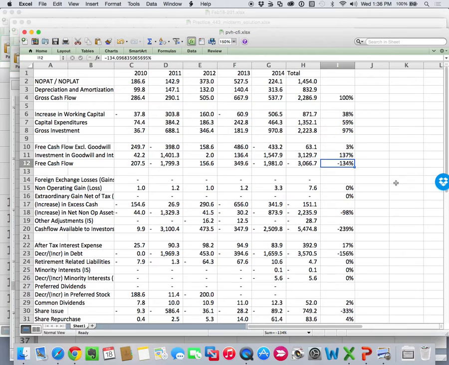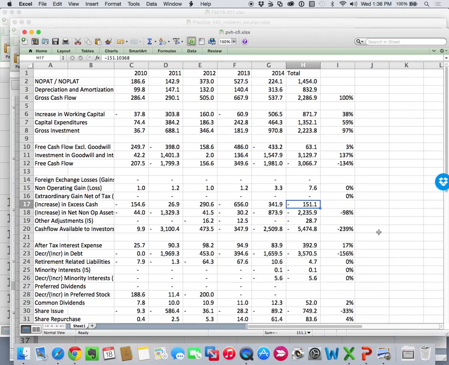Now, for non-operating activities, look at their excess cash, negative 151. What does that tell you they did with their excess cash? Negative 151. Yeah, they added to their excess cash, which they didn't have to begin with because they had negative free cash flow.